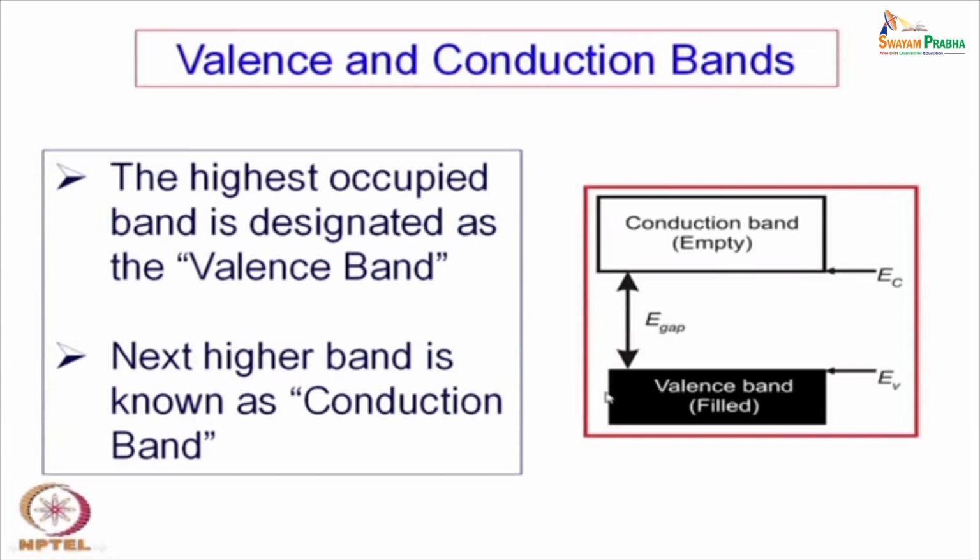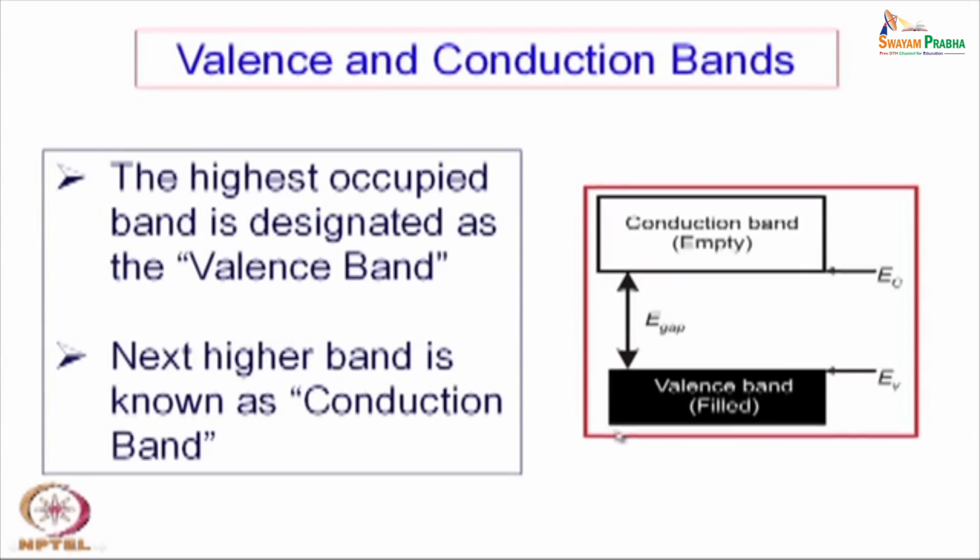You also remember here that there is no axis. Whenever you draw a band diagram, we never give a horizontal axis. What is the horizontal axis? It is immaterial in fact. We are talking about only the gap here. The horizontal axis does not have any significance here.